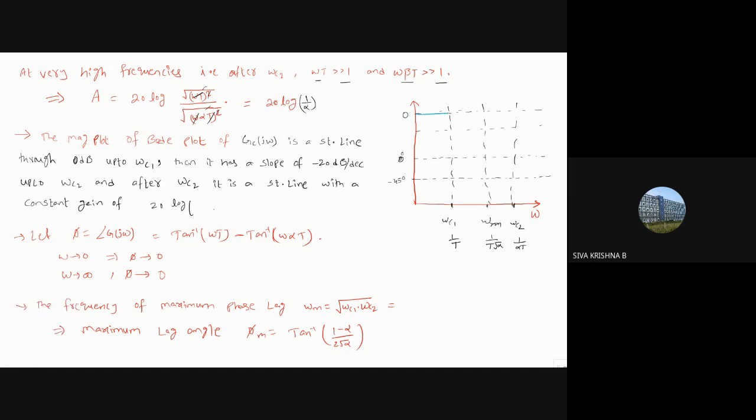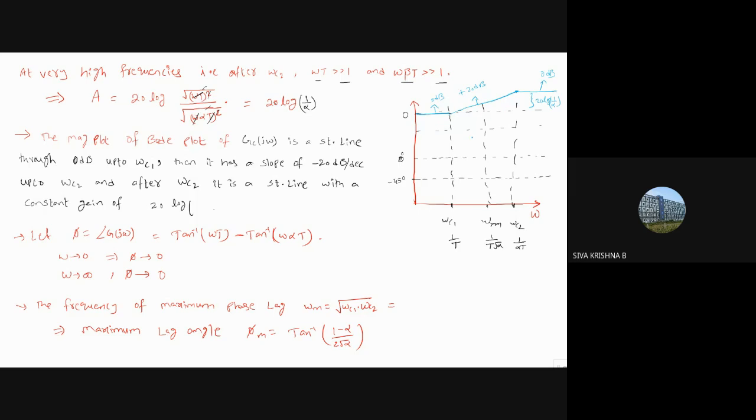So up to here it is 0 dB. After that it increases towards omega c2. After that it maintains constant again. It is 0 dB here, and here is plus 20 dB. So this part is 20 log 1 by alpha.